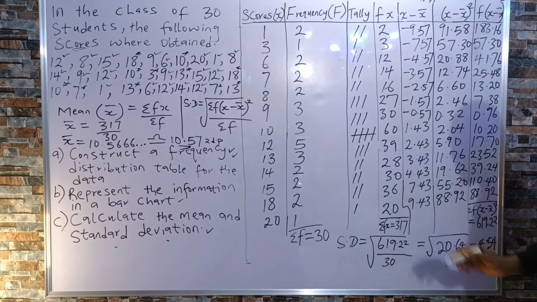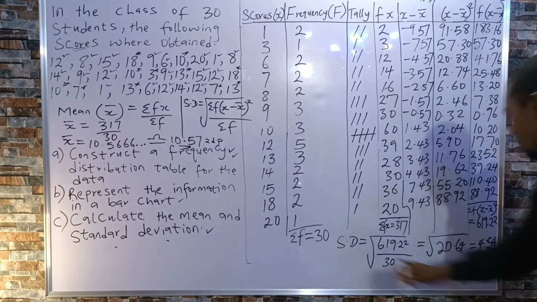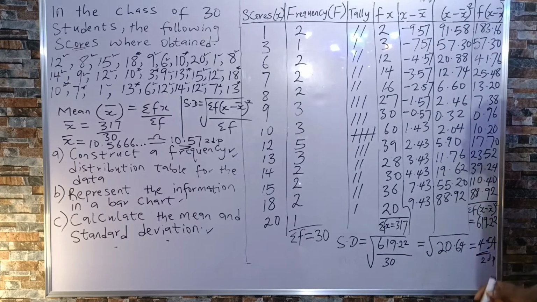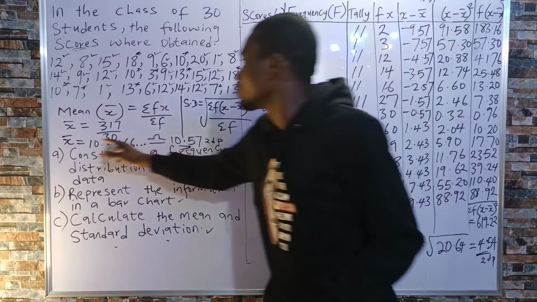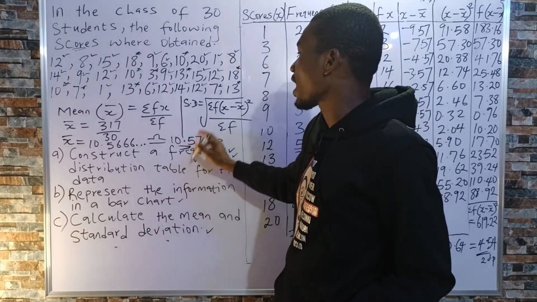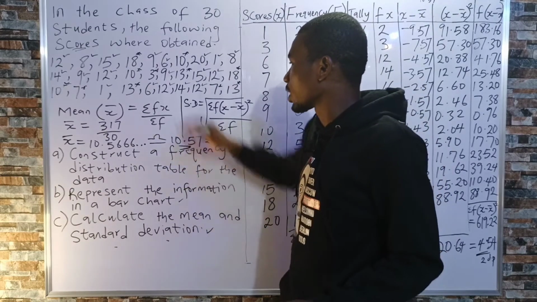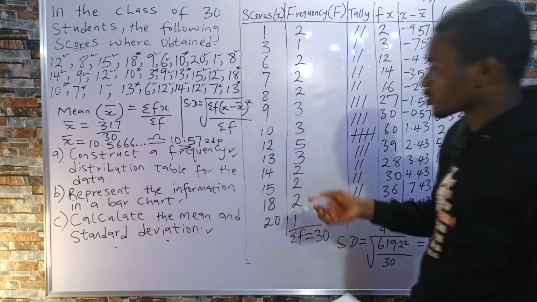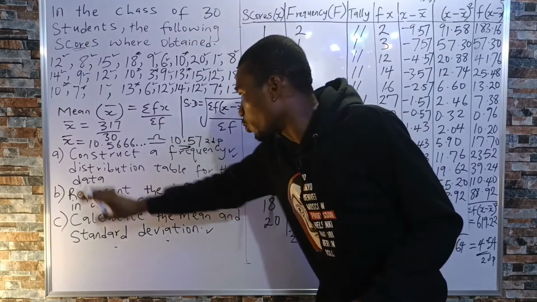So automatically, our standard deviation is equal to 4.54, while our mean, which is our x-bar, is approximately 10.57. I would love to clean this side so as to complete the solving for the C part of the question.